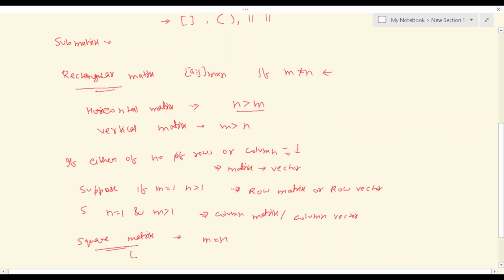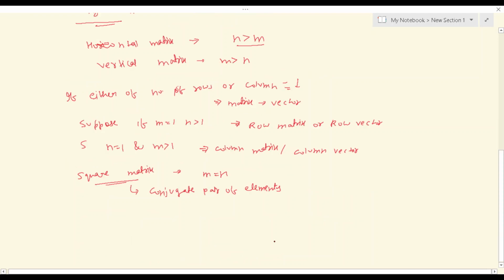For a square matrix, we define one term, what? Conjugate pair of elements. What does it mean after all, a conjugate pair of elements? This one, Aij and Aji. These are a conjugate pair of elements. A12 and A21, this is a conjugate pair of elements.